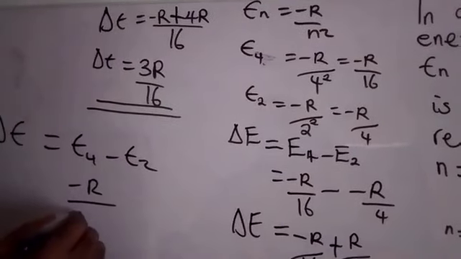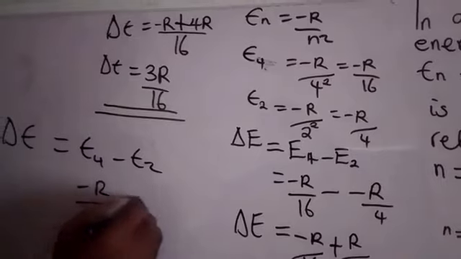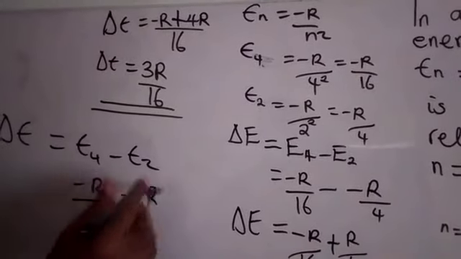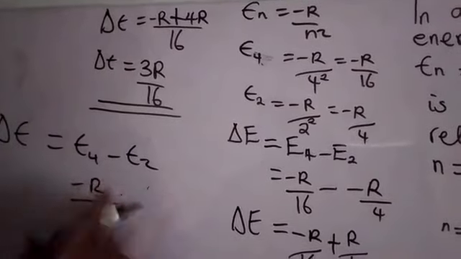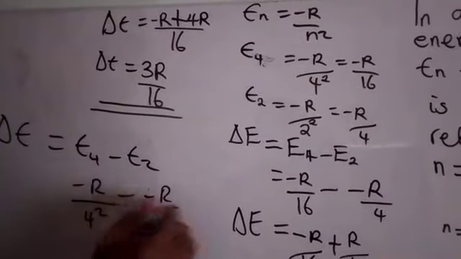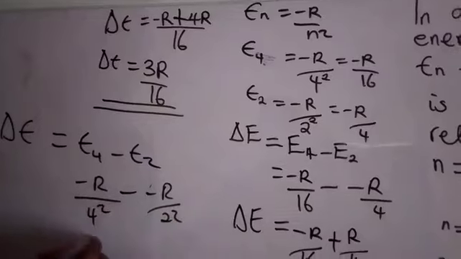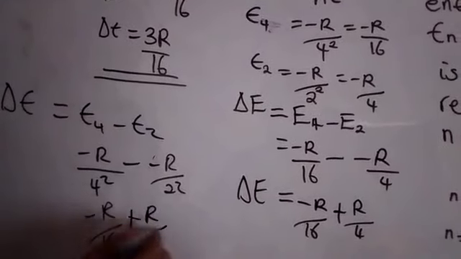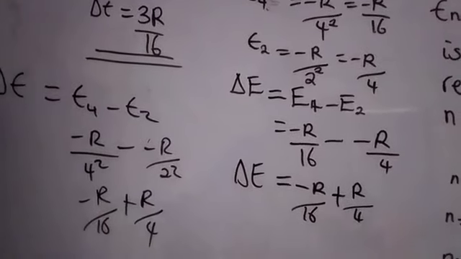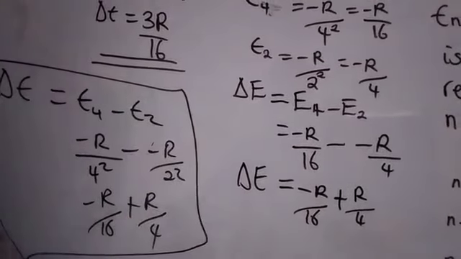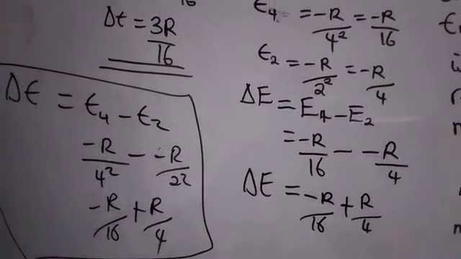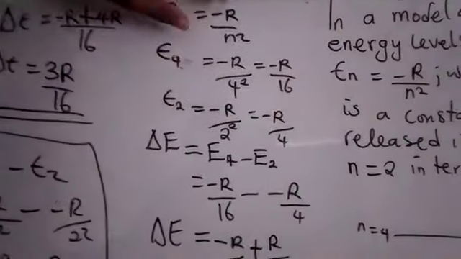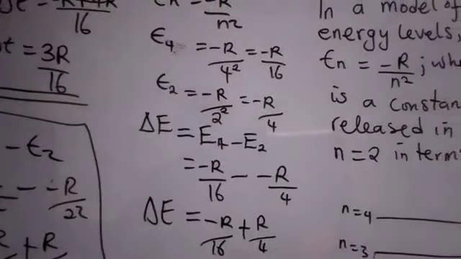The first there is 4 squared, minus R over 2 squared. This is minus R over 16 plus R over 4. So if you are used to the formula, this is where you're supposed to go straight and solve it. But for a new learner, it's good we break it down. They see how to find energy at the different levels and subtract.